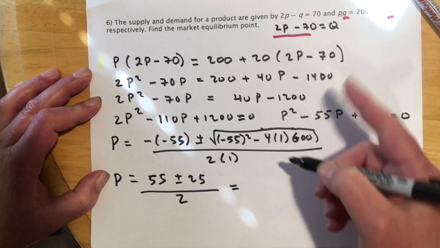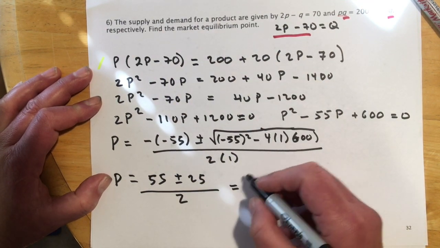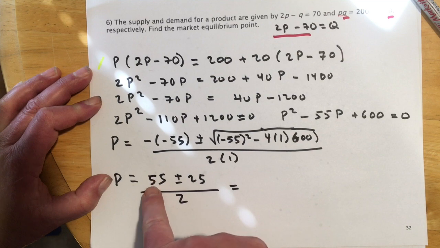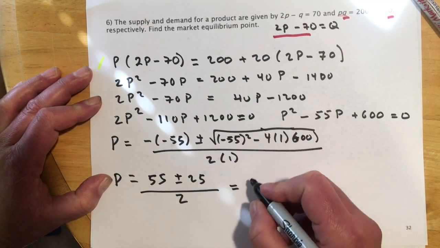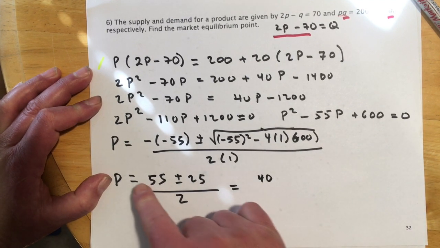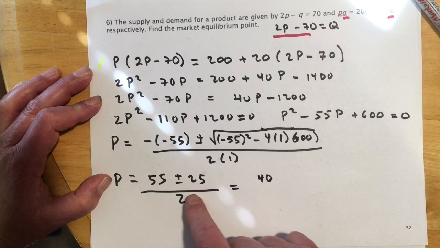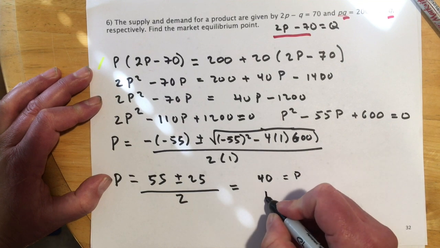So there's two values for P. So 55 plus 25 would be 80 over 2, so that one would be 40. And then if we do minus, that'll come out to 30 over 2, so that one would be 15.